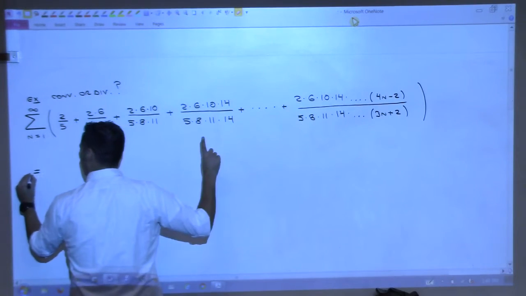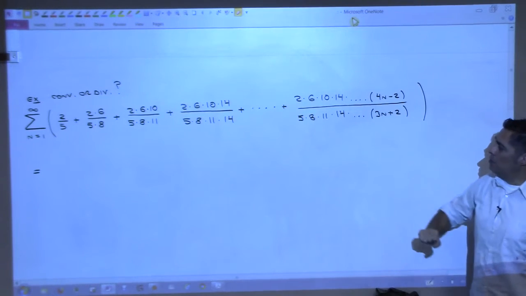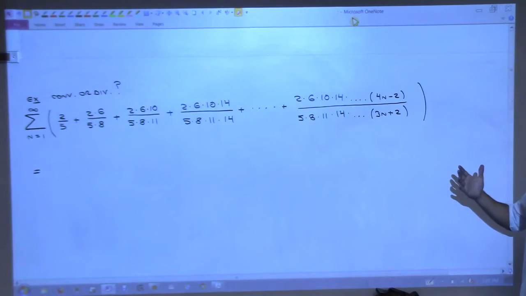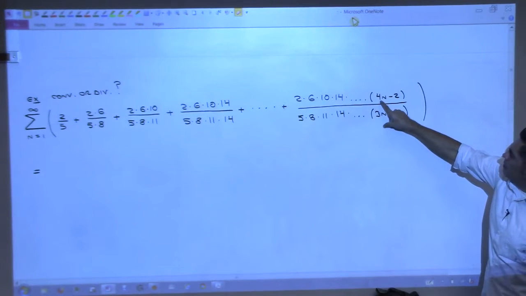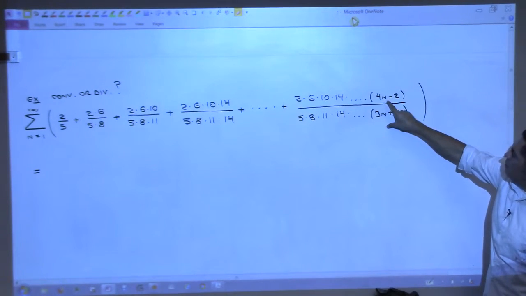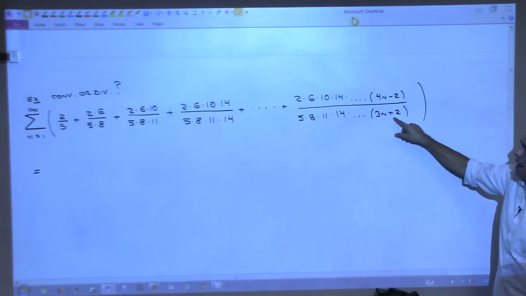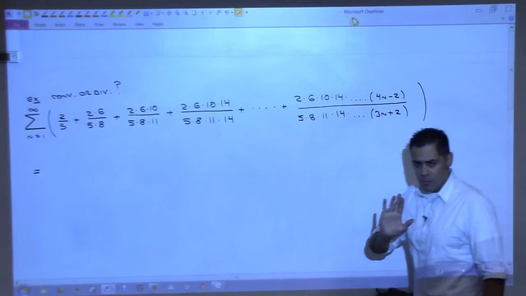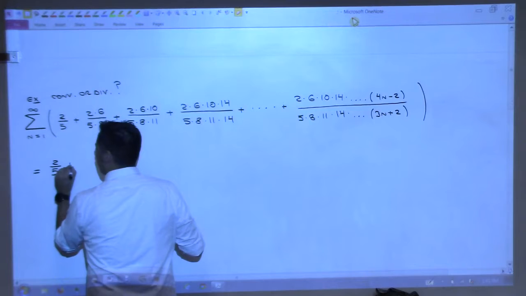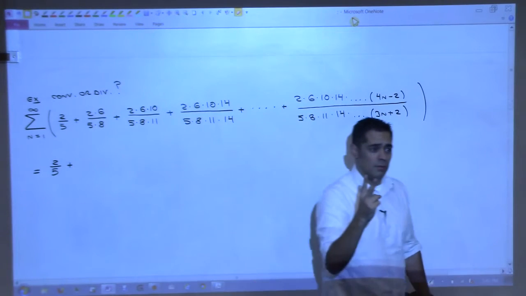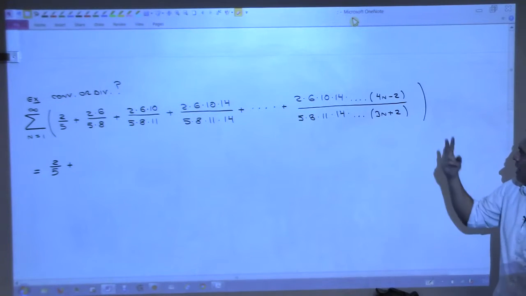Let's plug 1 in and see what we get. Well, let's look at this. This would be 4 minus 2, which would be 2 over 5, right? So just follow me for this first one. This is 2 over 5. Plus, now, let n be 2. If n is 2, what happens?